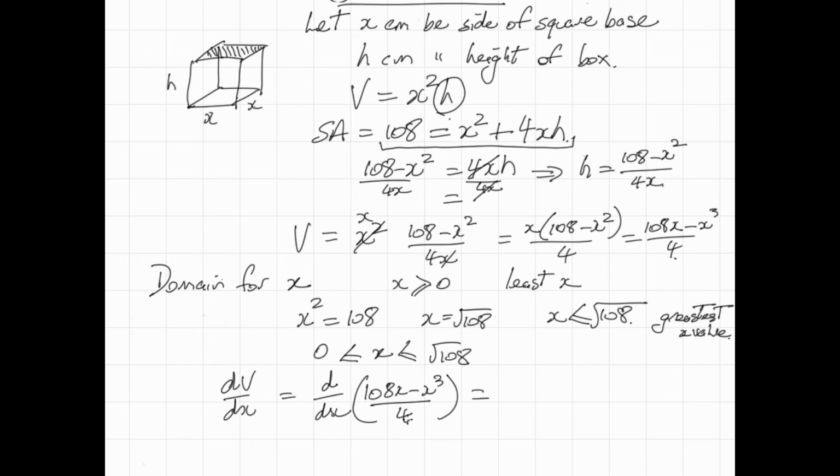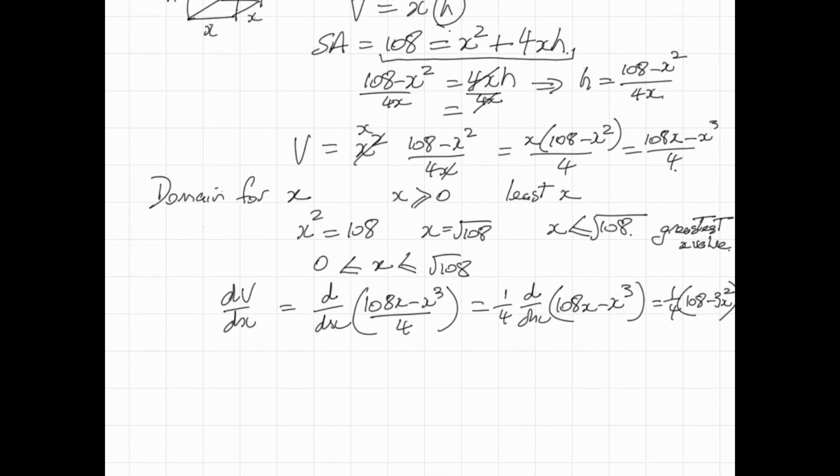We can take the 4 outside, so that'll be 1/4 d/dx of 108x minus x cubed, and that'll be equal to 1/4 (108 minus 3x squared). So that's dV/dx. At a turning point, dV/dx equals 0, so that's going to be equal to 1/4 (108 minus 3x squared).